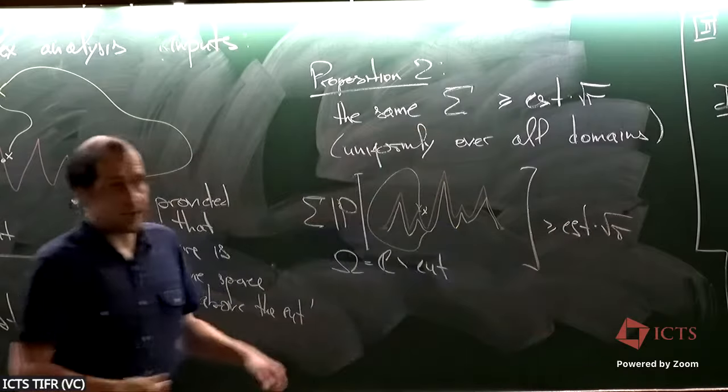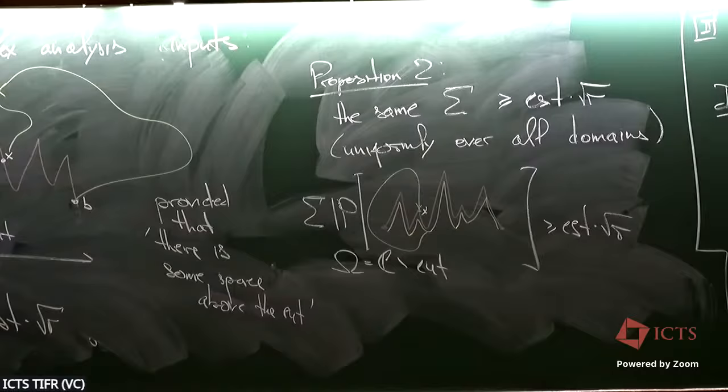So I'm using monotonicity and I'm pushing the yellow boundary as far as I can, and this is at most the other side of this.